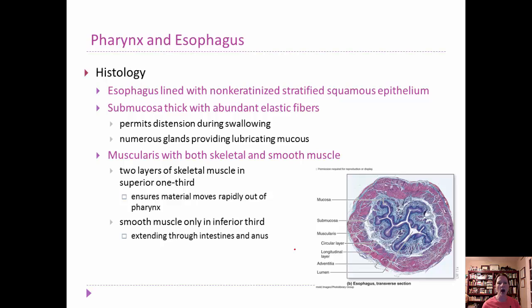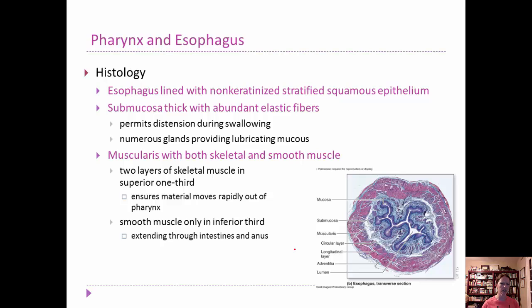And the reason why is, remember, one of the differences between skeletal and smooth muscle is the fact that skeletal muscle contracts faster. Smooth muscle is going to contract very slowly. So if we want that bolus of food to move out of the pharynx as quickly as possible while that breathing is shut off, then we need to have skeletal muscle moving it through. So that's why that first portion is going to be skeletal muscle to help move that out.